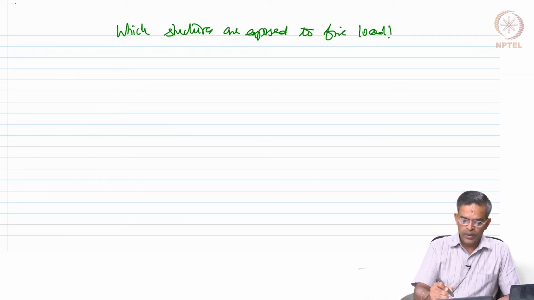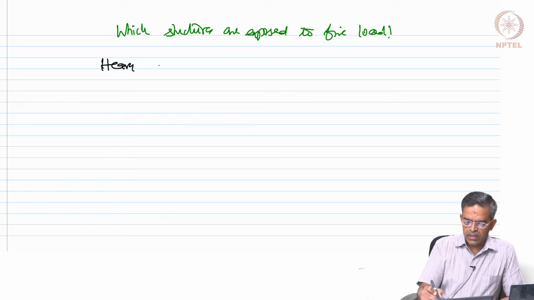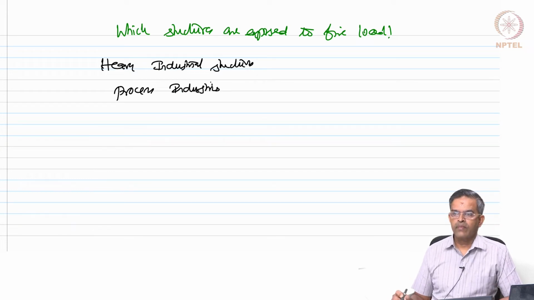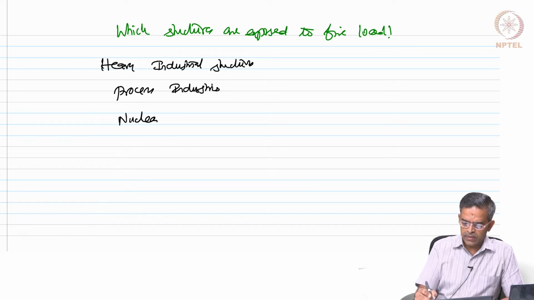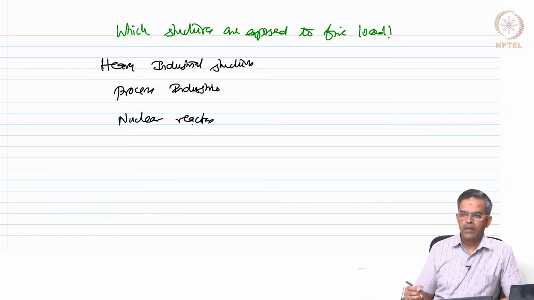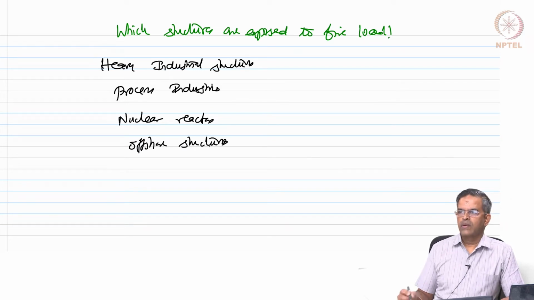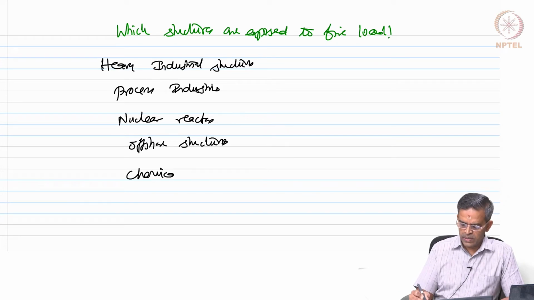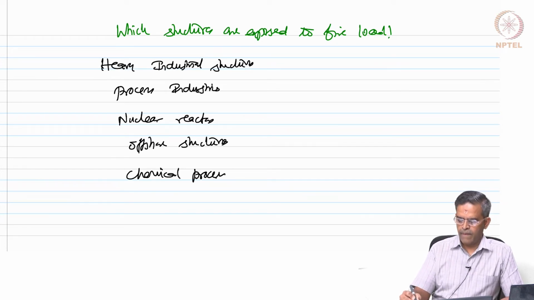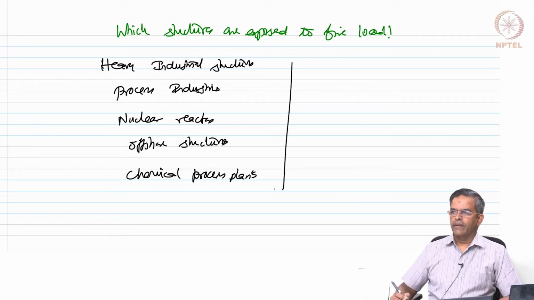The answer is no. Heavy industrial structures, process industries, nuclear reactor power plants, offshore structures, chemical process plants, can cause fire.